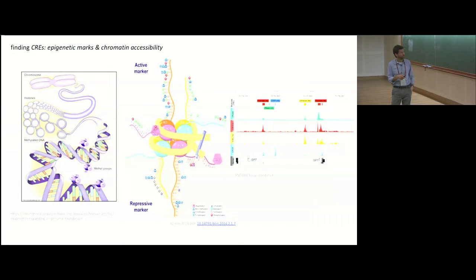So, for example, the presence of certain methylated residues will be an indicative that this piece of DNA, which is non-coding, is actively acting as an enhancer, as a cis-regulatory element.